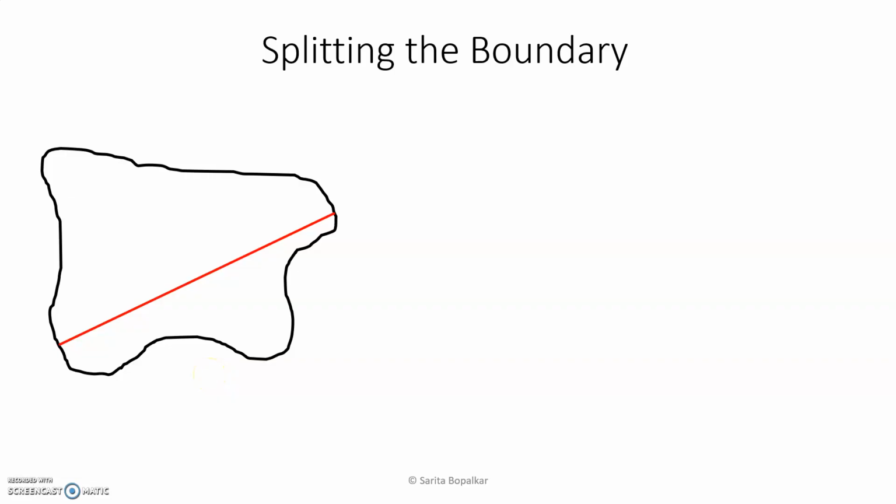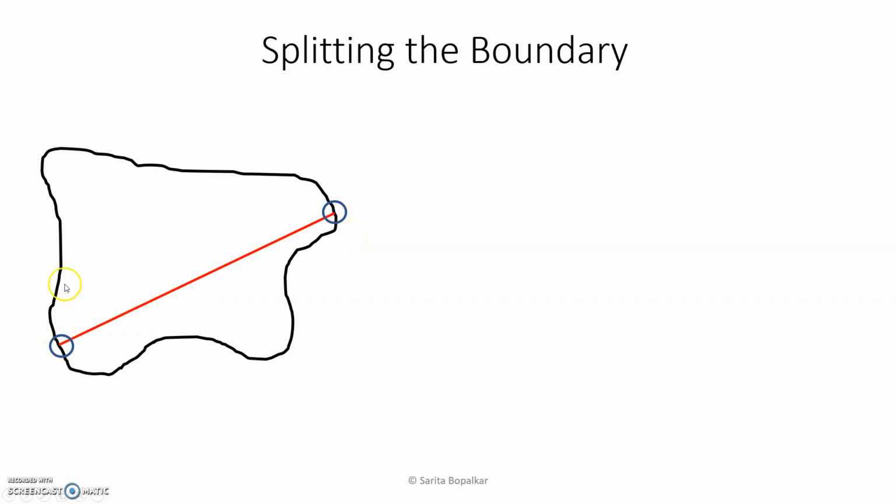Now we'll calculate the perpendicular distance for all these boundary points to this line segment. Here also, for all the boundary points, we'll calculate the perpendicular distance to this line segment, and we'll choose the point which has the largest perpendicular distance from the boundary point to this line segment. So these are our boundary points, and we connected these boundary points by a line segment.